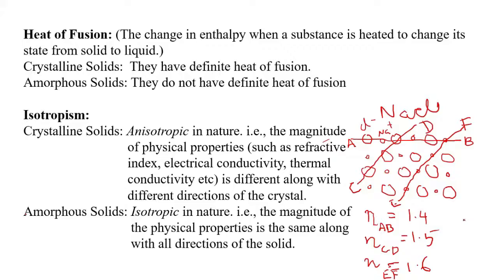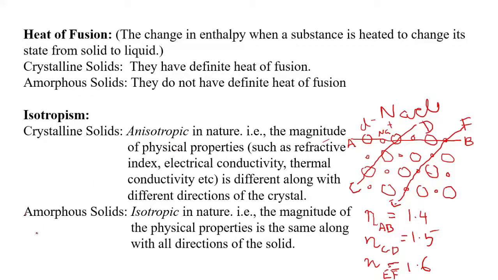Why anisotropy? Which substance is anisotropic? Crystalline solid. Amorphous solid is isotropic in nature.